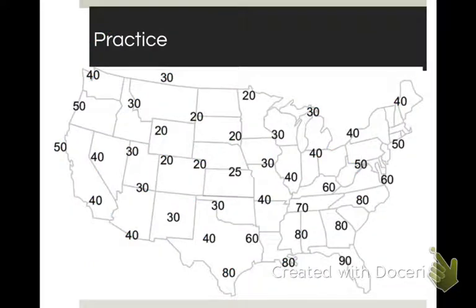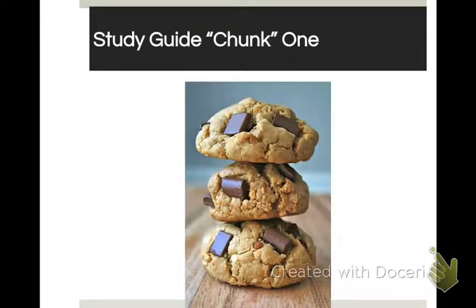Okay, moving on. We are now going to do chunk 1 of your study guides. The reason I have chocolate chip cookies is because they have chunks of chocolate chips, and this may make some of you hungry. But Unit 3 is a really big unit. And so instead of giving you the entire study guide the day before the test and then you have a ton of homework to get done, I thought it would be a lot better if we could chunk it, giving you one section at a time throughout.